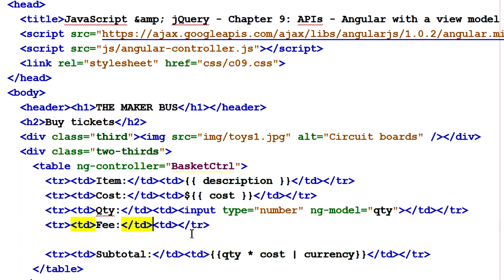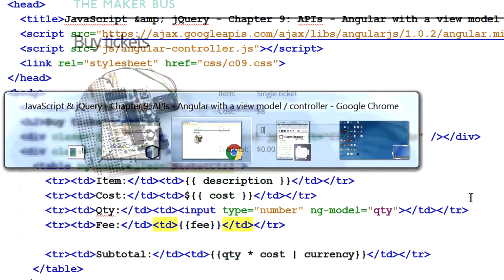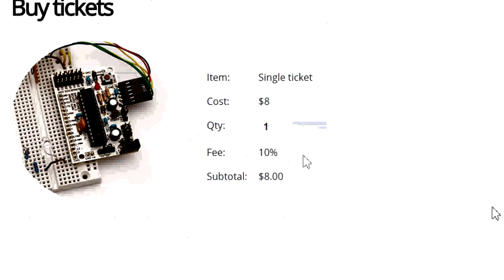Wait a minute, I think I deleted too much. Oh yeah, okay. I'm just getting rid of this input. Type fee. Hit save. And update the page. Oh, there's my fee, 10%. But it's just displaying on the page. We're not taking it into any account.